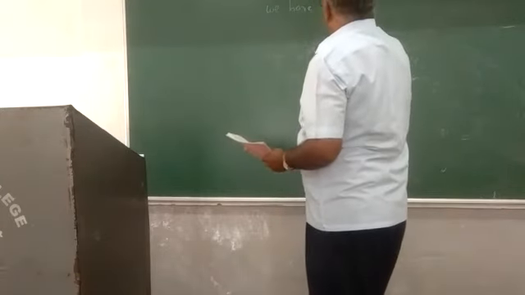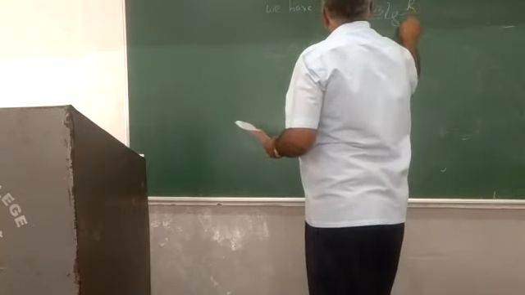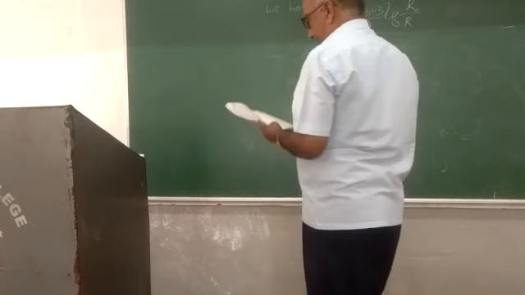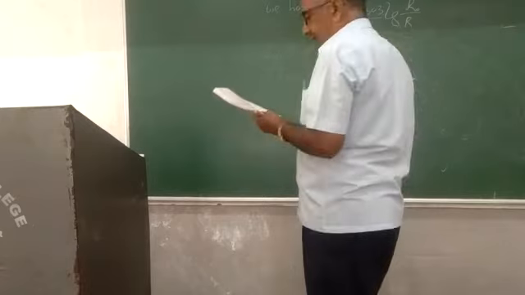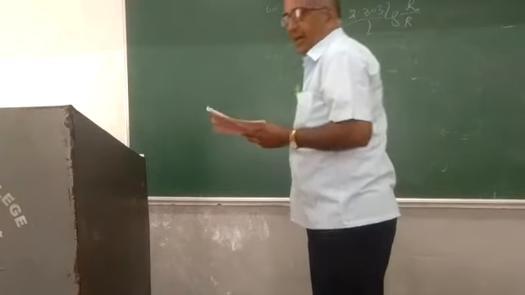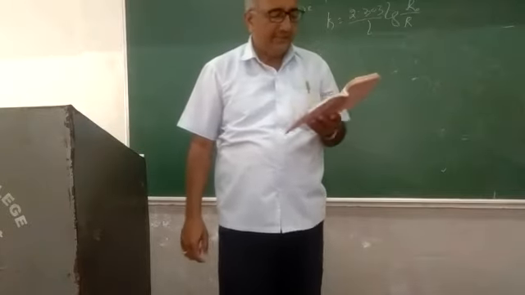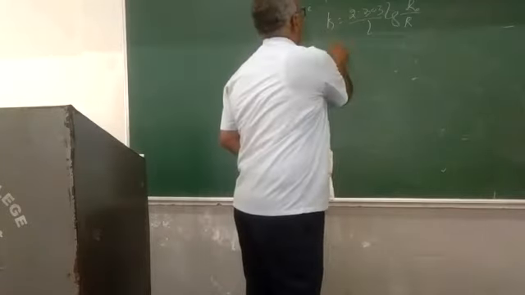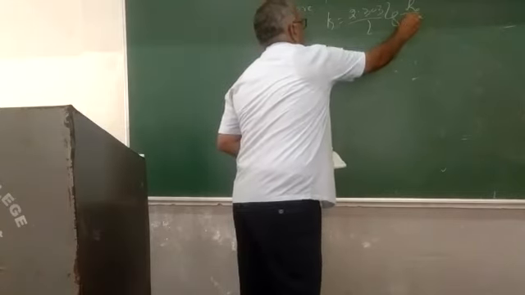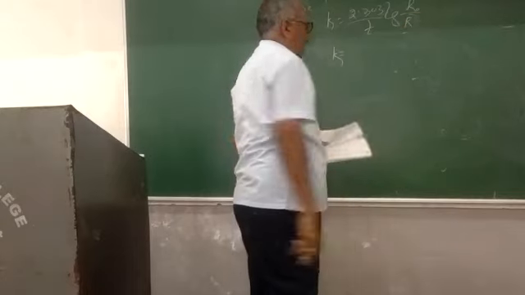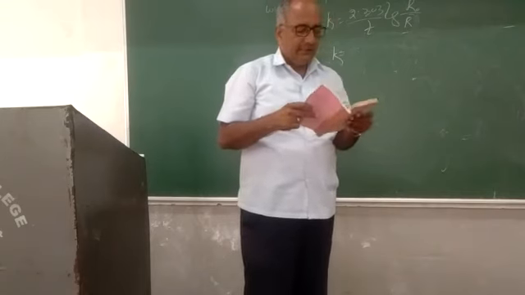Apply k is equal to 2.303 divided by t into log of R0 divided by R. Here R0 is 100, R is 80 because 20 is reacted and 80 remains. So first you can calculate the k. Knowing the k, then you can calculate the time taken for completion of 60% of the reaction.